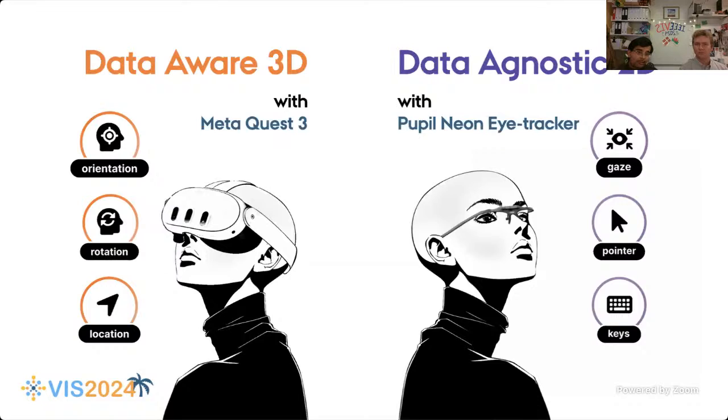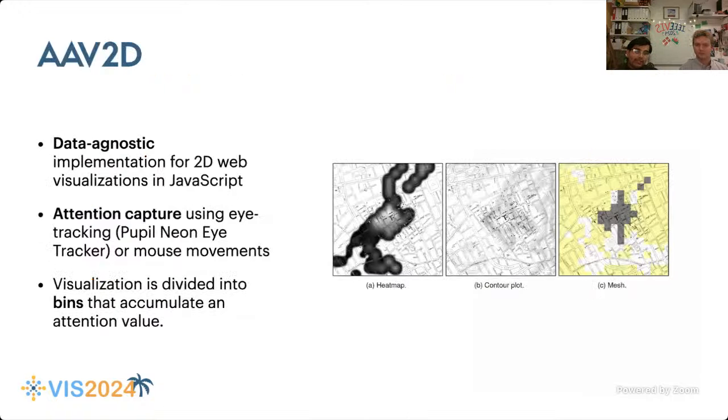We have explored two different implementations, one that is data aware in 3D, another that is data agnostic in 2D. Data agnostic means the system does not need to understand the underlying data or the layout of the visualization. Instead, the visualization is treated like a black box that focuses solely on where the attention is directed, allowing us to generalize this approach across several different types of visualizations.